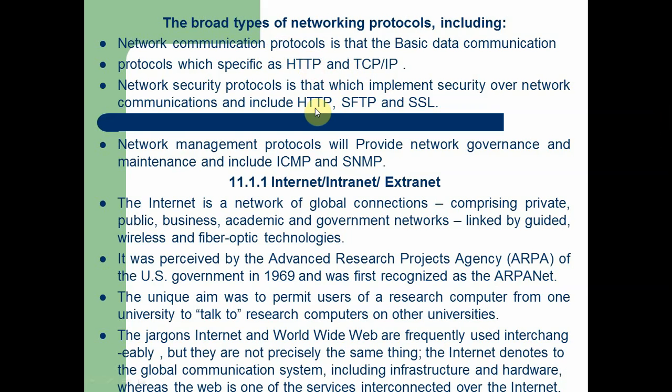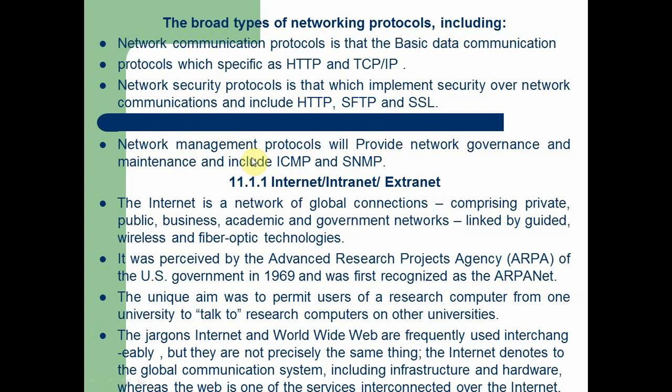That's why this is the default protocol of all programming, all networking. So SFTP and SSL. The third is the network management protocol, which allows managing network governance, that is the maintenance and administration power for the web pages.